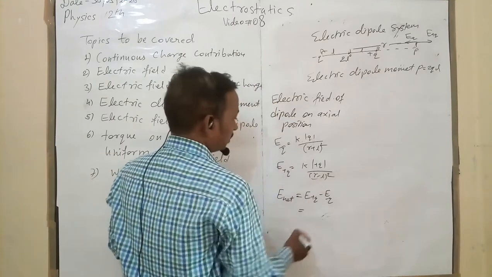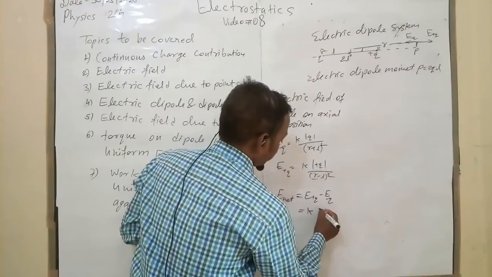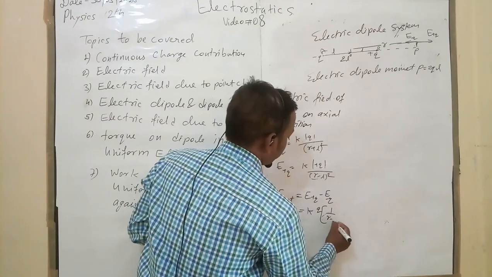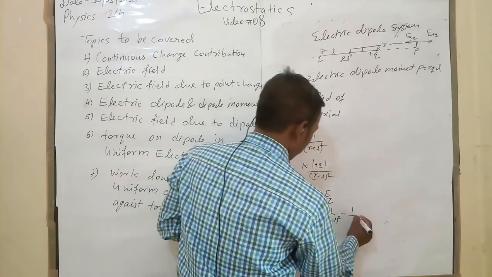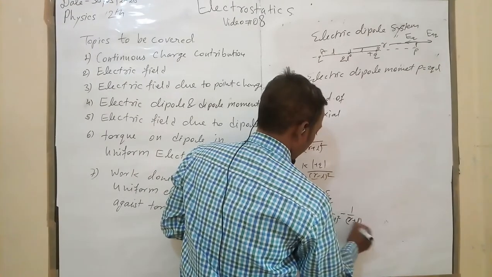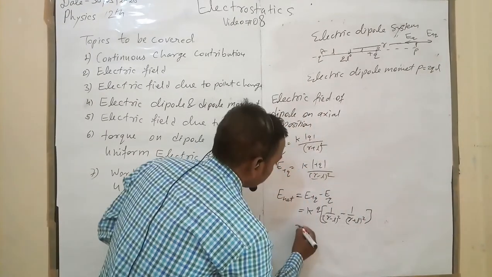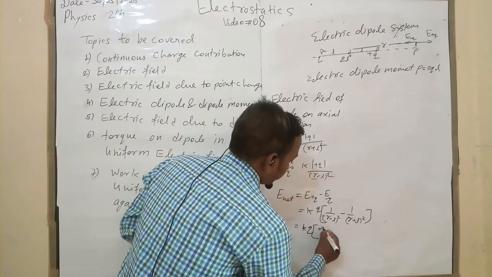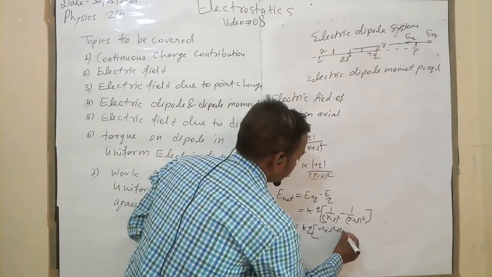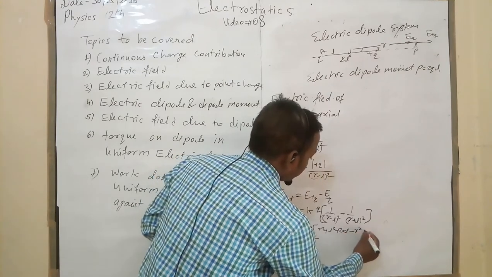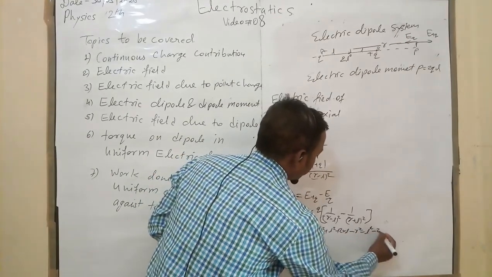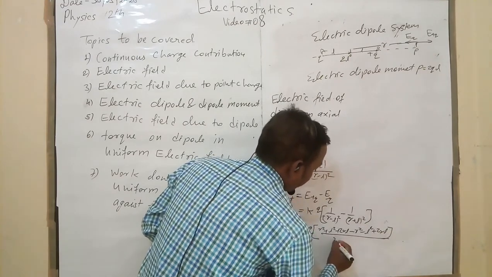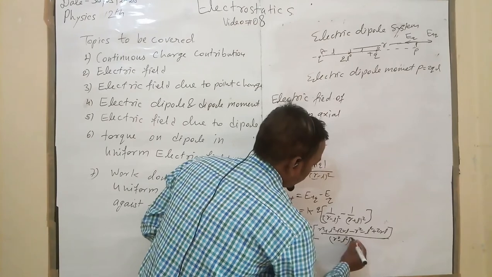So put the value here: Q times 1 upon (R minus L) whole square minus 1 upon (R plus L) whole square. So solve it. That is K times Q, (R square plus L square plus 2RL minus R square minus L square plus 2RL) upon (R square minus L square) whole square.